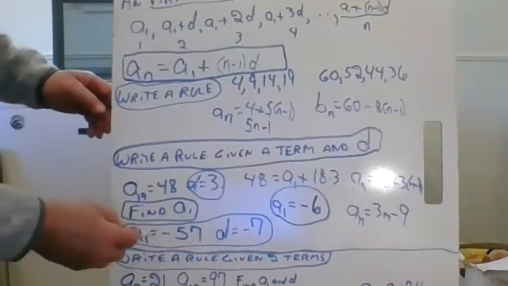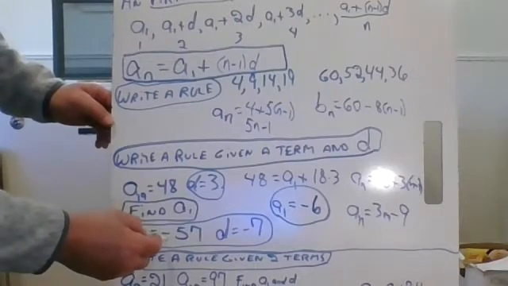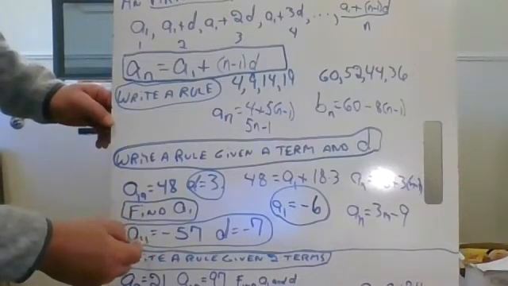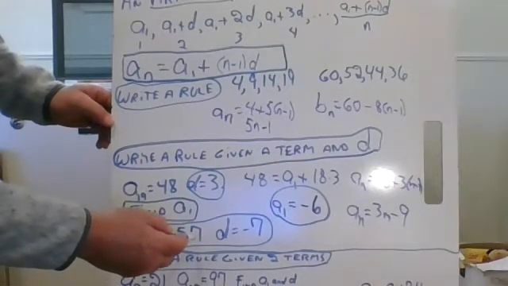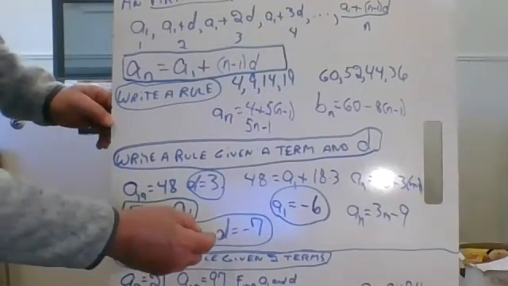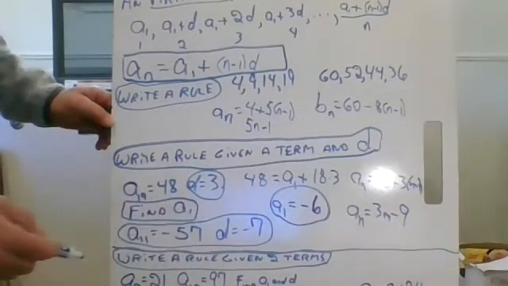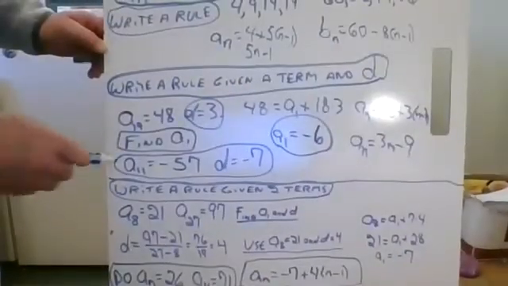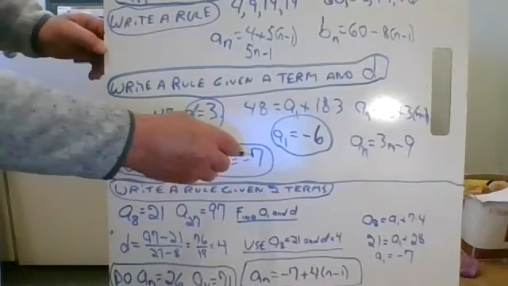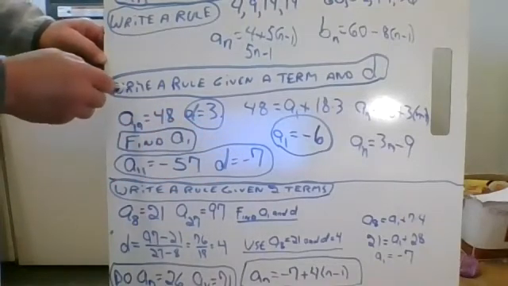All right? So write this one down as a problem to put in your notebook. If you were given a sub 11 to be -57 and you were given d to equal -7, do that later. Put that in your notebook and do it after we're done as an example of this type of problem.